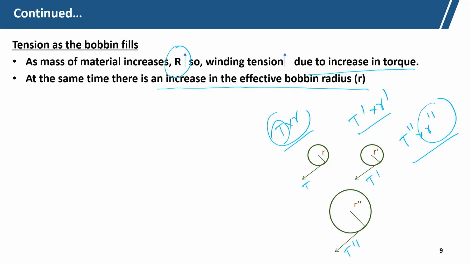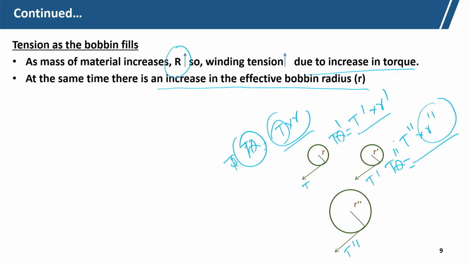So, if we see this thing, same torque, okay, same torque. So, the torque is TQ, this is TQ dash, TQ double dash.